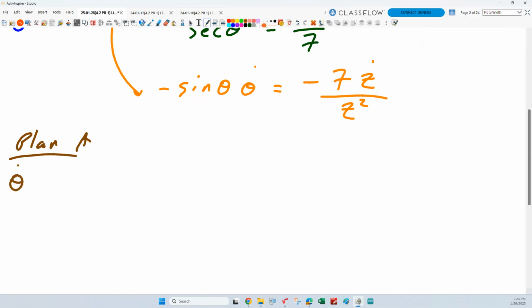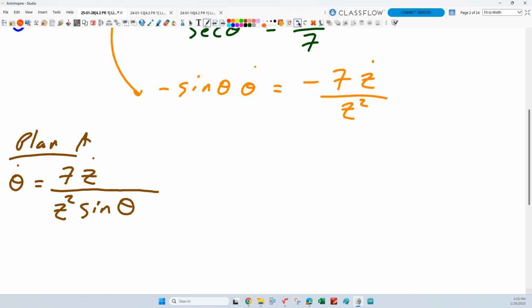I could multiply each side by -1 to cancel the negatives. Theta dot then, wouldn't it just equal, not negative anymore, just 7 z dot over z squared times sine theta. But what's our theta? We just have an arc cosine, right?